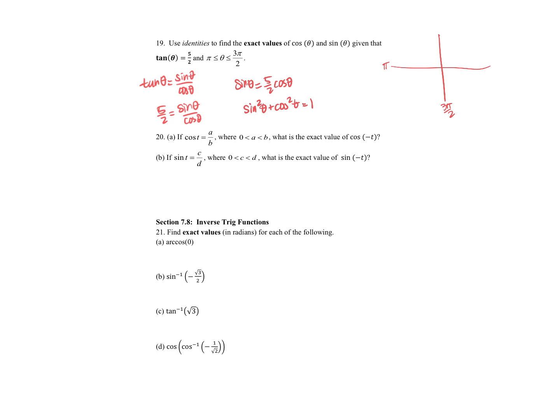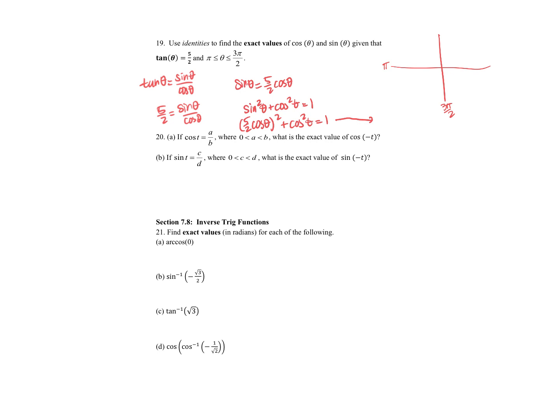And so I can plug that in for sine theta. So we get (5 halves cosine theta) squared plus cosine squared theta equals 1. Then I can solve that for cosine squared theta. So let's keep going.